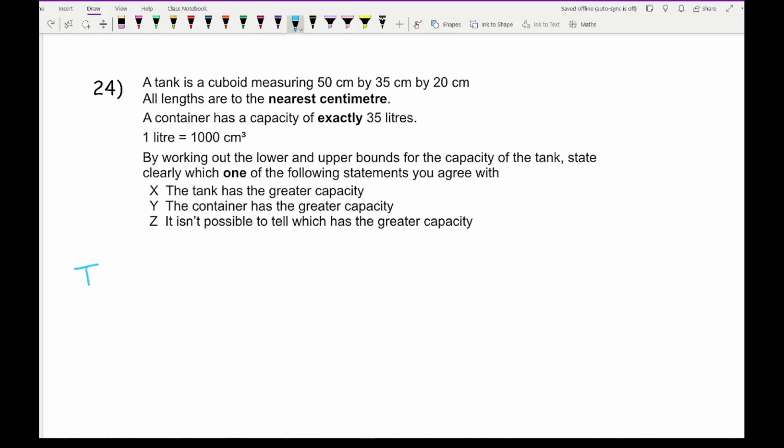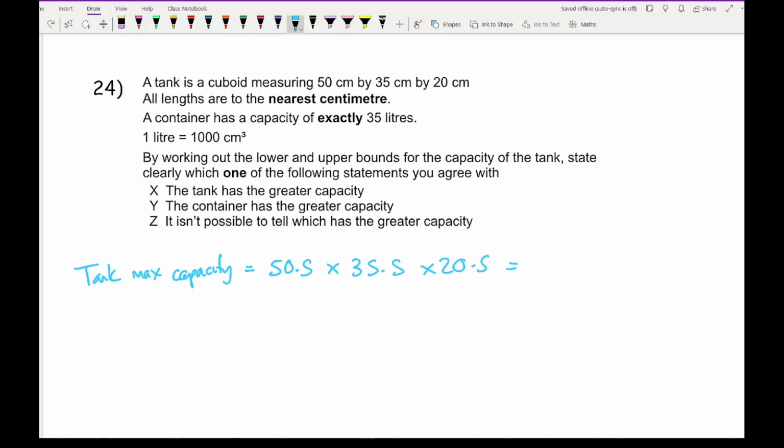So the tank max capacity is where all these lengths are going to be at their maximum. So it's going to be to the nearest centimetre. So the biggest the 50 centimetres could be is 50.5, then 35.5 times 20.5.